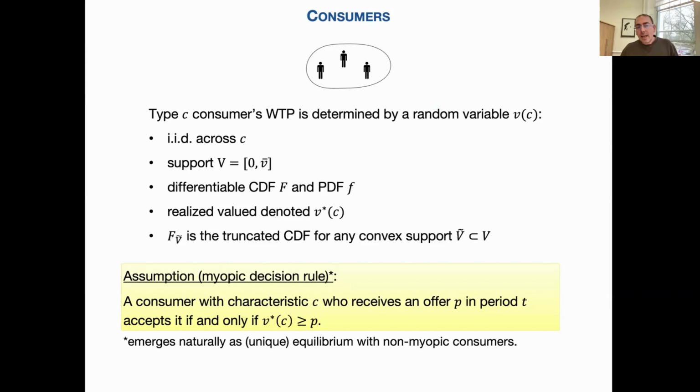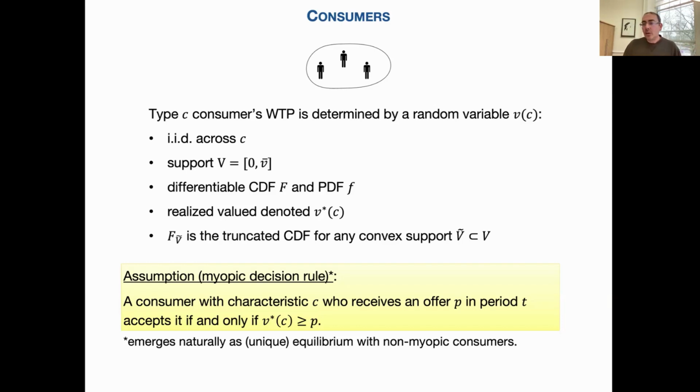The assumption is that at the very beginning of the game, of the environment, a type C draws a valuation from a distribution F with CDF F, and the support is 0 and V bar.